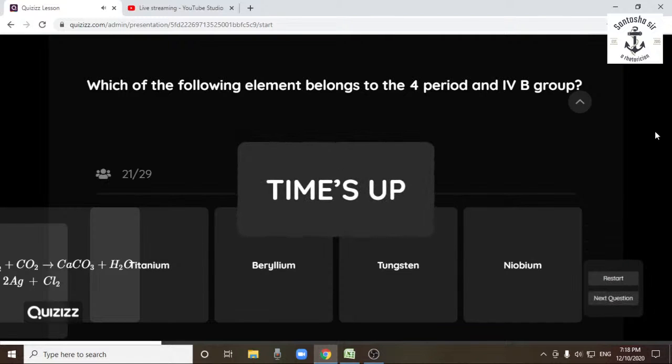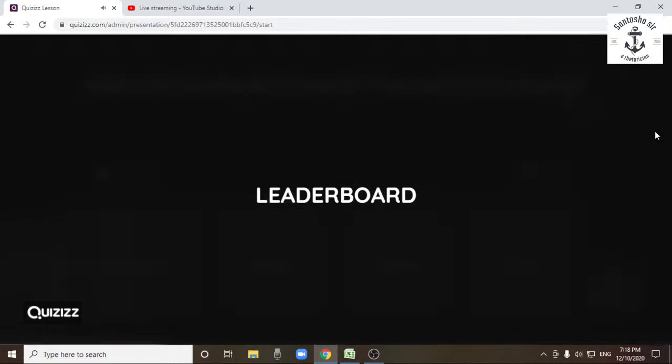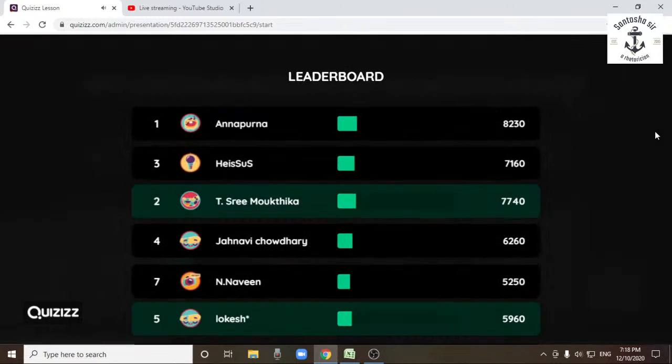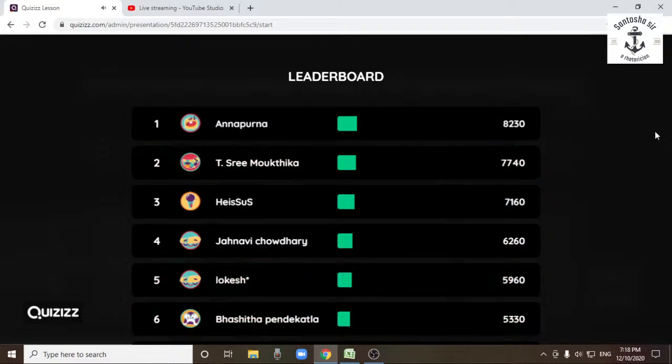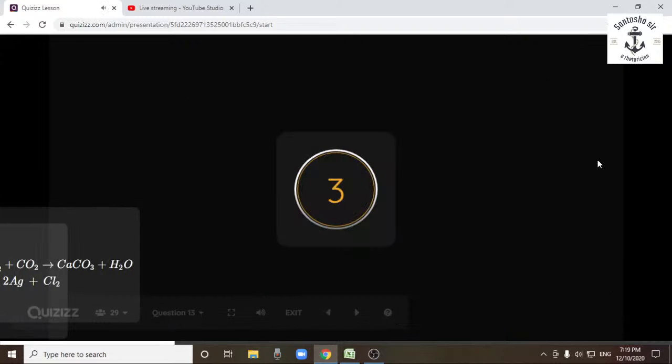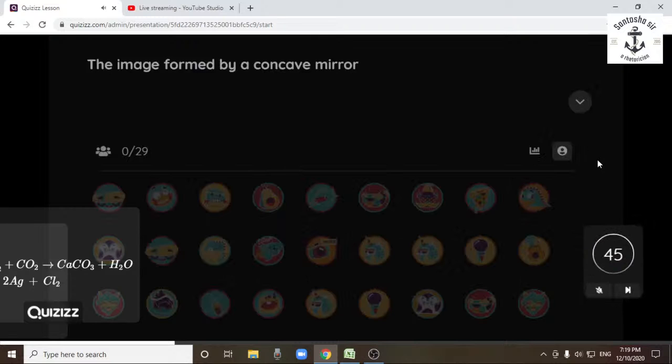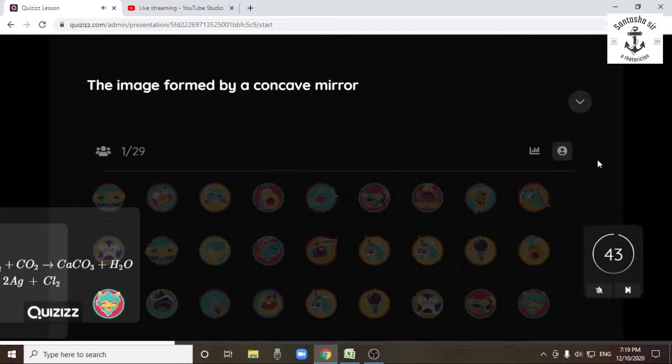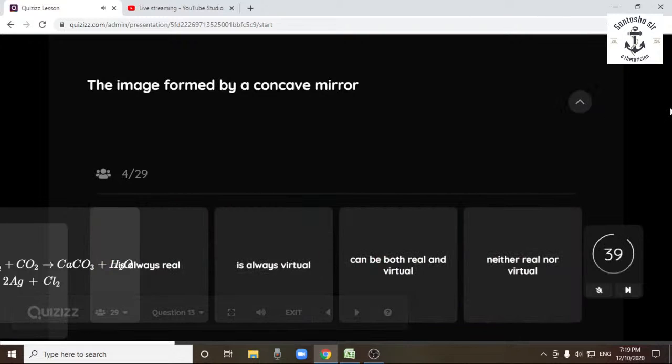Time is up. Let's check the scores. We have Annapurna followed by Moktika, Theseus, Jahnavi, Lokesh. 10 members answered this question right. Moving on to the next question. The image formed by a concave mirror.